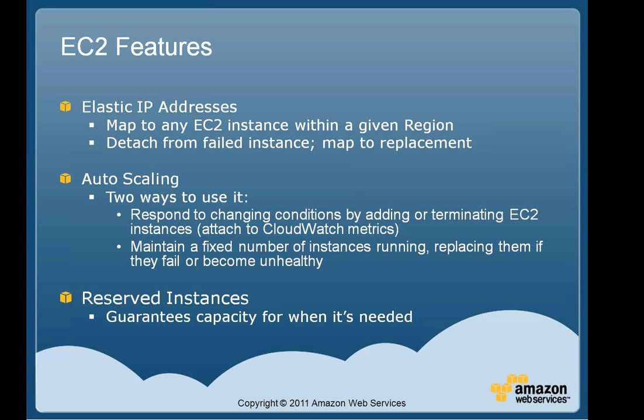If it finds them to be unhealthy, if they're not responding to pings or returning error conditions as you configure, the auto-scaling will automatically take care of taking those failed instances out of the group and replace them with healthy instances. When you think about fault tolerance, we also encourage you to think about the EC2 reserved instances, which guarantee capacity for you when you need it in a failover situation, and also give you a lower price for your hourly consumption of EC2.